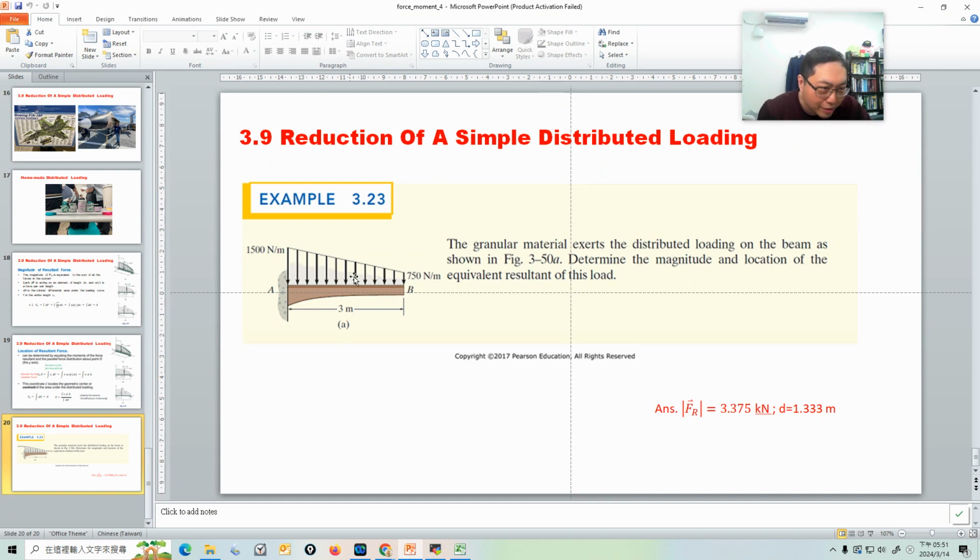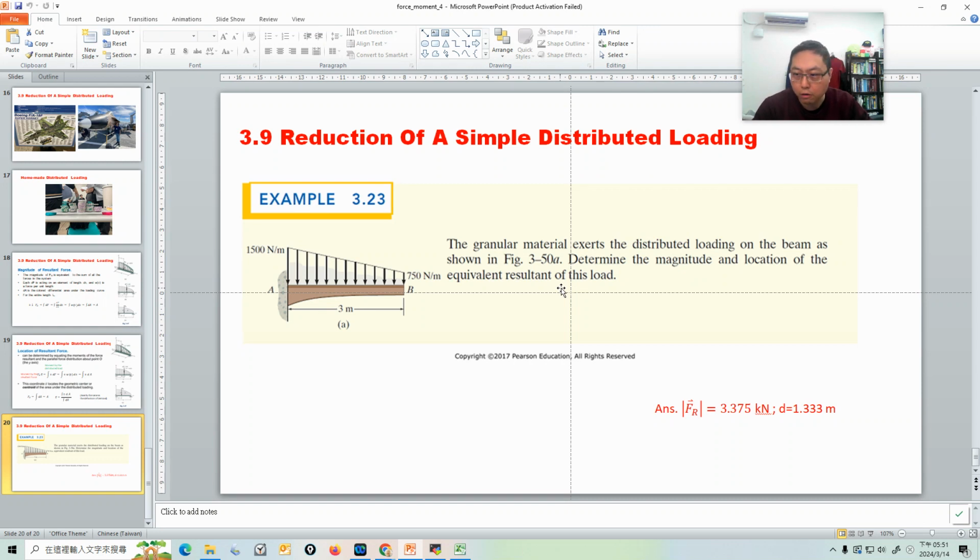The granular material exerts distributed loading on the beam as shown in the figure. Determine the magnitude and location of the equivalent resultant of this load. Simply speaking, it gives you a distributed load and wants you to do a simplification.